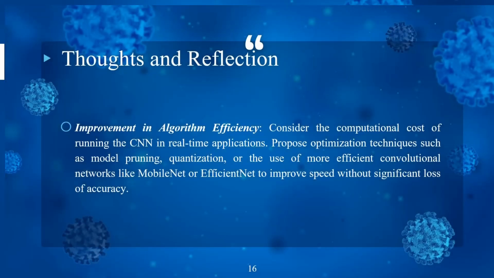And the next one is to improve the efficiency of the algorithm. For that, it should consider the cost of running CNN in real time, using more efficient convolutional neural networks like MobileNet or EfficientNet, which will improve the speed without losing accuracy.